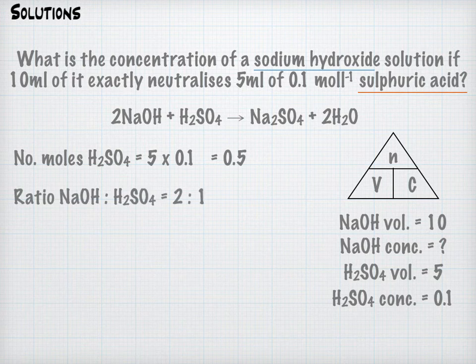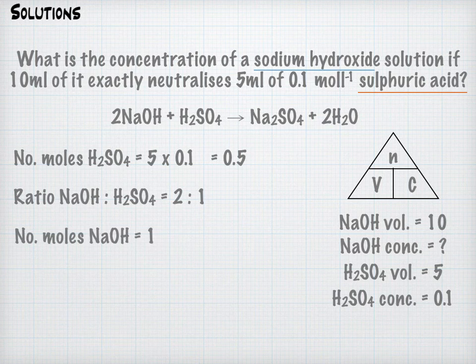Okay, so the ratio of moles of sodium hydroxide to sulfuric acid, according to the equation, is 2 to 1. So the number of moles of sodium hydroxide I need is twice as many as the number of moles of sulfuric acid. Okay, so if I've got 0.5 moles of sulfuric acid, I will need 1 mole of sodium hydroxide.